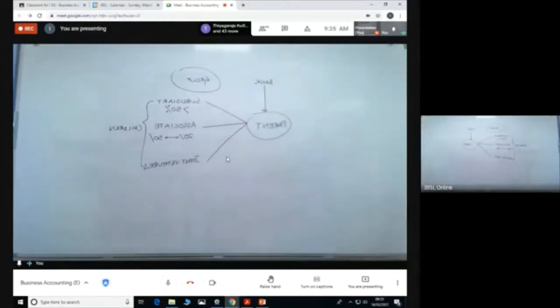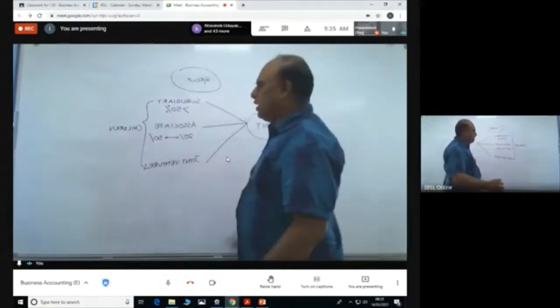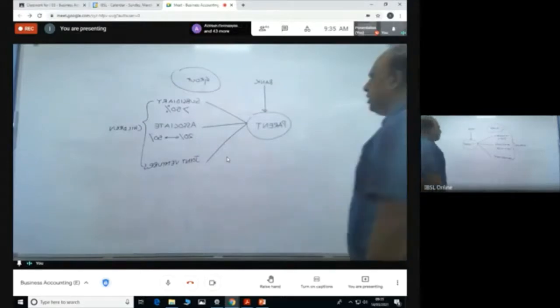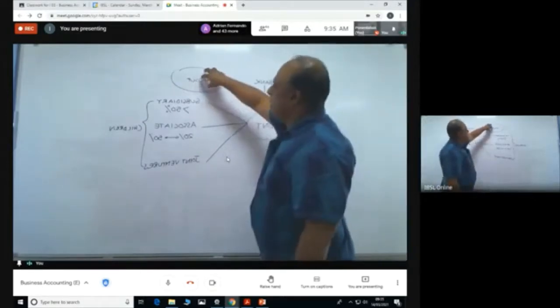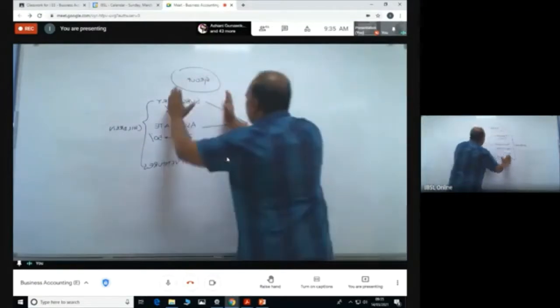Fortunately, in your examination, you are not required to prepare group financial statements. Under the new syllabus, it is not there. But previously, under the old syllabus, there was a requirement to prepare group financial statements also. So now this part is not there with you.